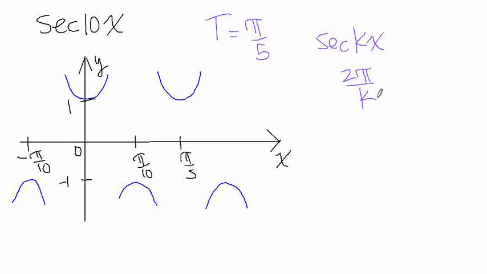All right? So for this, it would be, of course, 2 pi divided by 10, following the pattern, which reduces to pi over 5. All right, now let's see how the next transformation affects the plot.